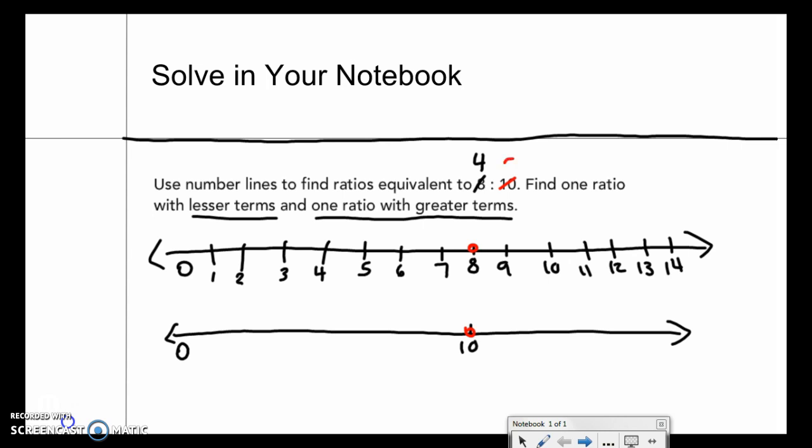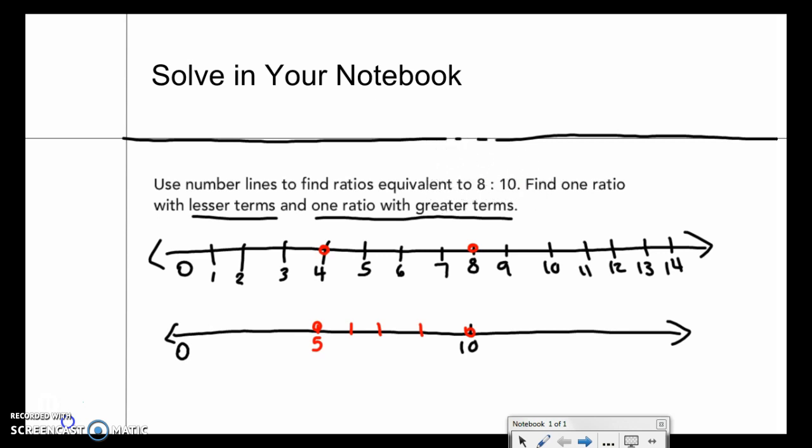That will give us 5. So on our 4 is where our 5 is going to be aligned. The other ones aren't going to be exact on the number line, but we do know that we're going to divide those two numbers.